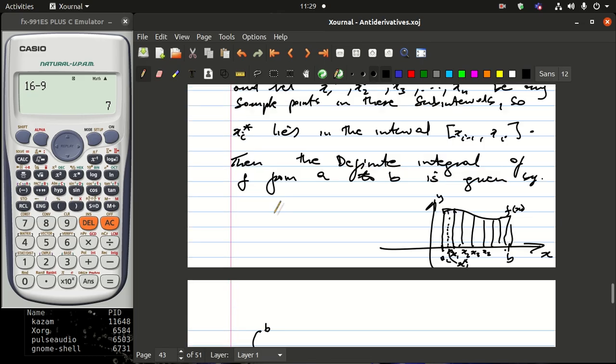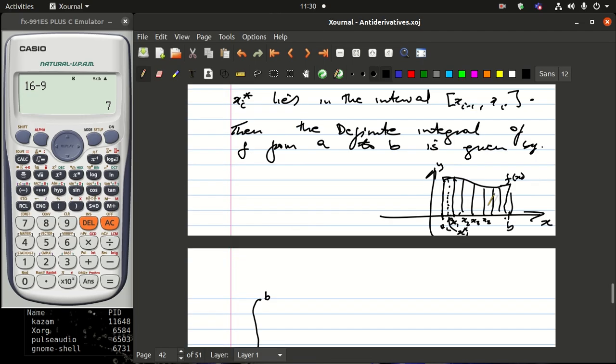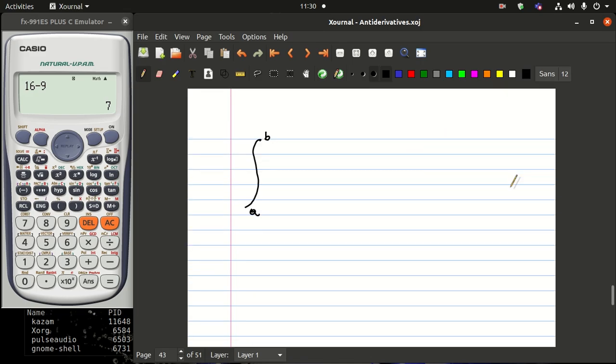These a and b are the end points of the given interval. And then here you have your f of x, and then you have your dx. So this is what we call a definite integral from a to b, and it is defined as the sum.